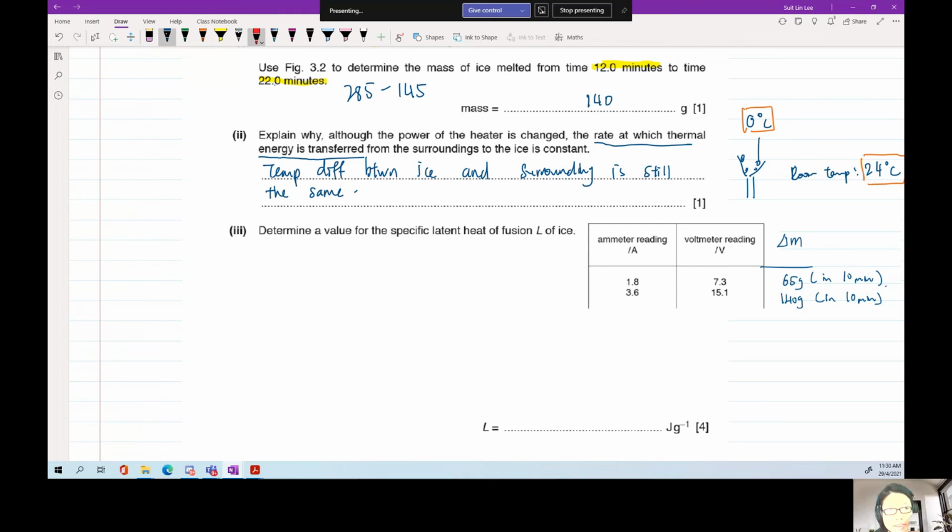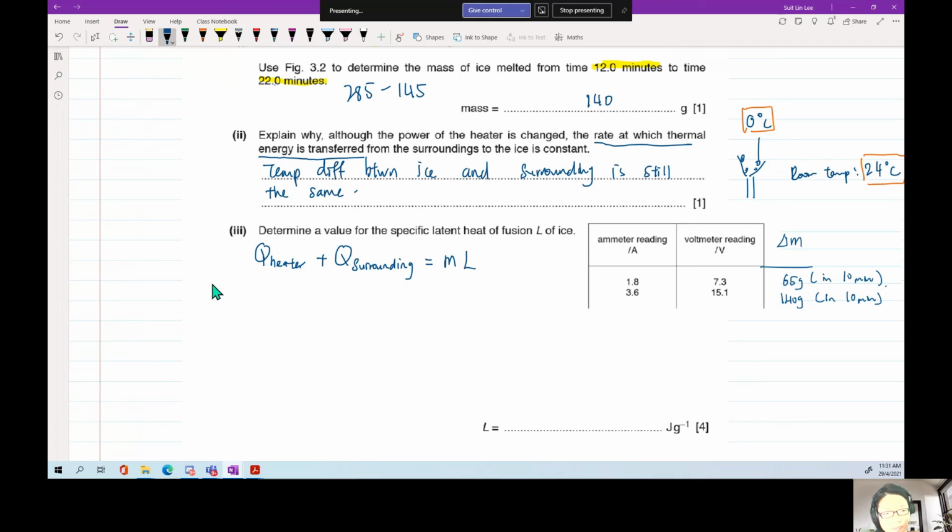What helps the ice melt? The heat from the heater. So I'll put Q heater, plus the heat from the surrounding. The surrounding will help you melt ice, what? Leave a cup of ice on the table and see if it melts or not. This will be equal to the heat needed to melt ice, which is mL.